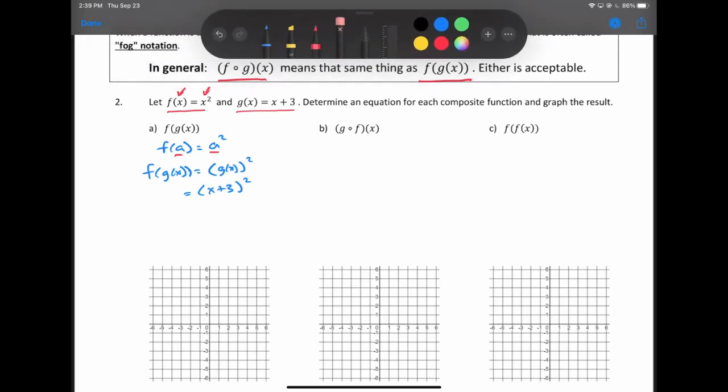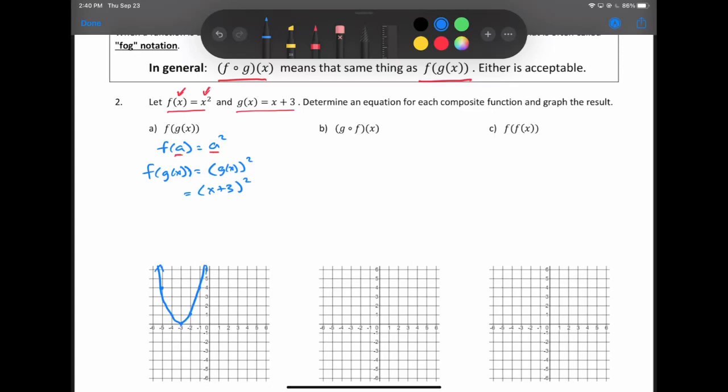So now that we've got that, a parabola shifted 3 to the left, I think it looks like this. And by the way, I'm not going to spend too much time on these graphs. They're not that important.